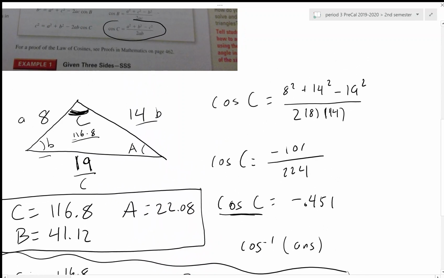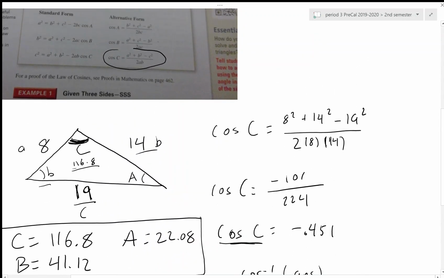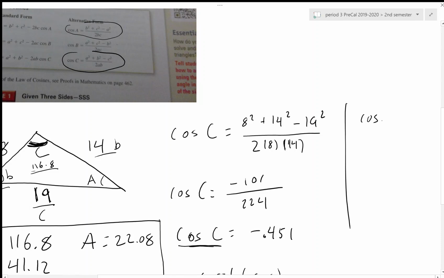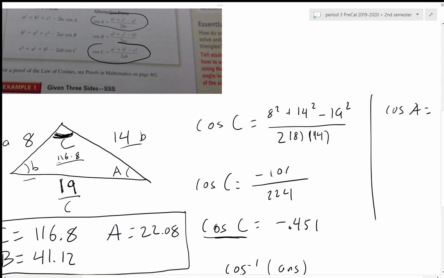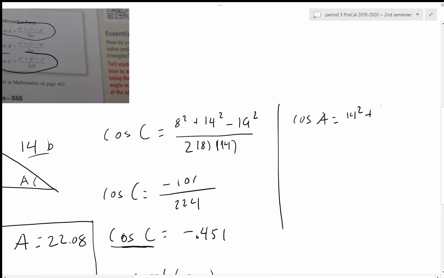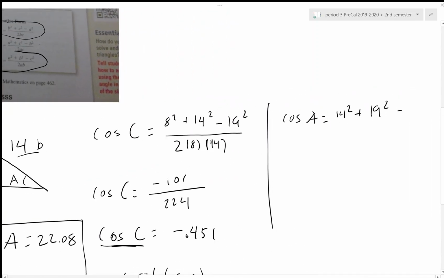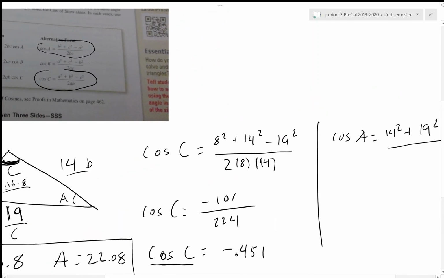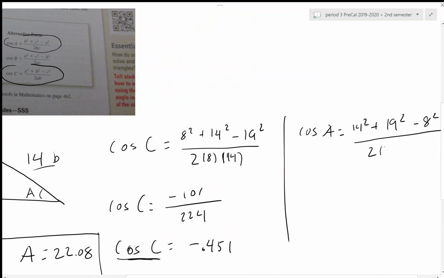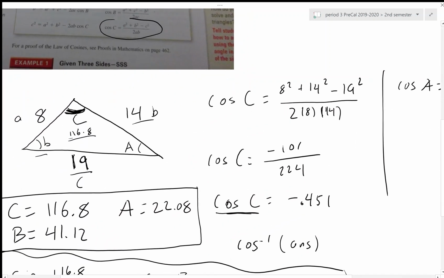I could just do this one here: cosine of A equals B squared, which in this case is 14 squared, plus C squared, which is 19 squared, minus A squared, which is 8 squared, divided by 2 times B, which is 14, times C, which is 19.